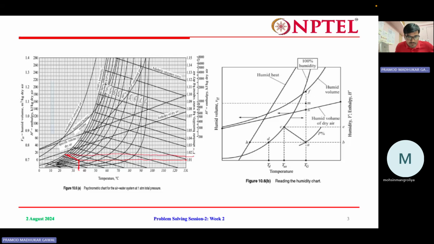If I go straight, it's wrong. 0.035, 0.05, 0.03. So it's 0.015. Yes, it's 0.015.